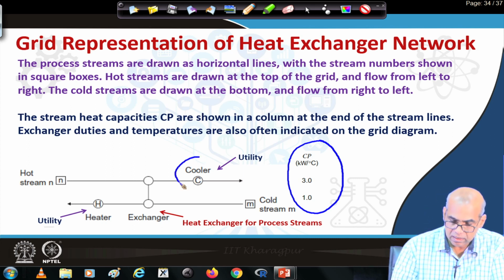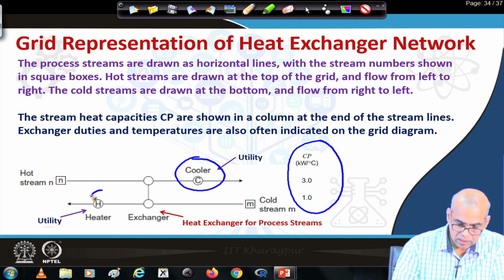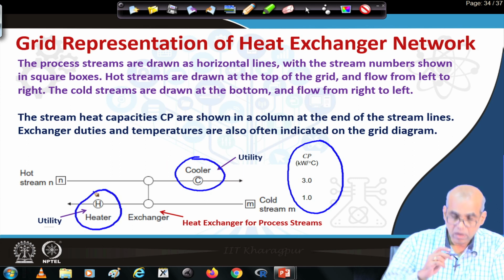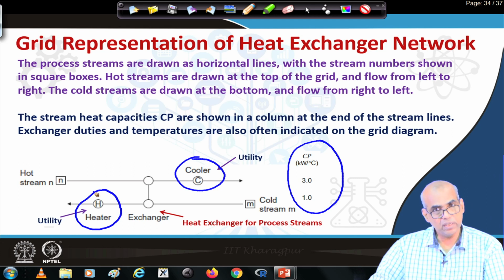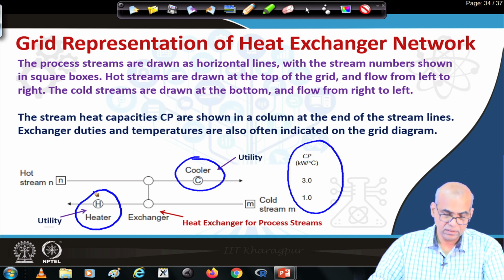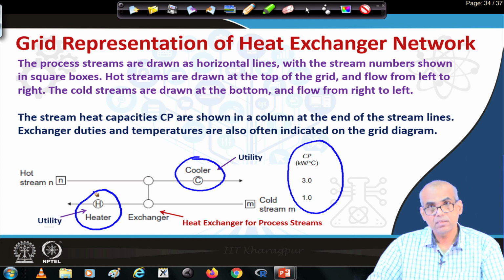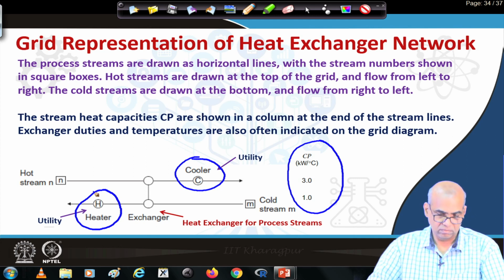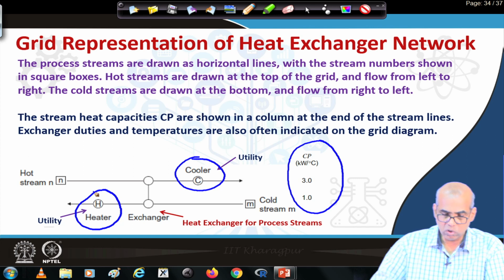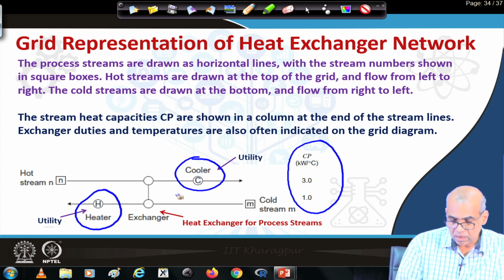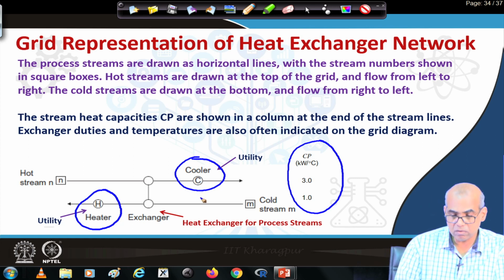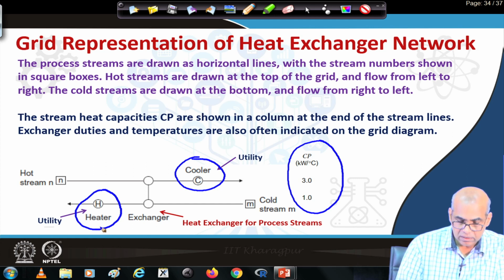So, heater and cooler, which are hot utilities or cold utilities, are represented by circles like this. Note that cooler is represented by letter C within this circle, and the heater is represented by a circle with letter H in it.